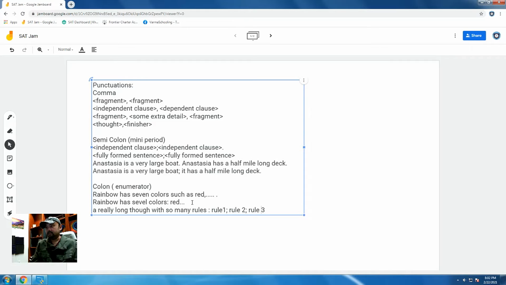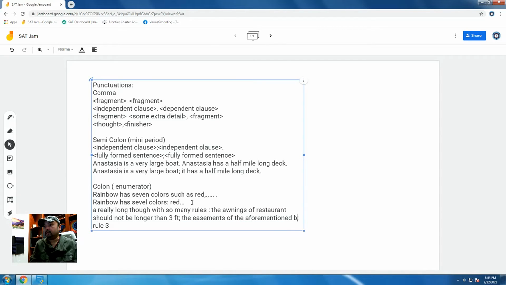Now, these rules could be long sentences, like, let's say, the awnings of restaurants should not be longer than 3 feet. Then, next one: the easements of the aforementioned blah blah etc. So it could be used as a long list.